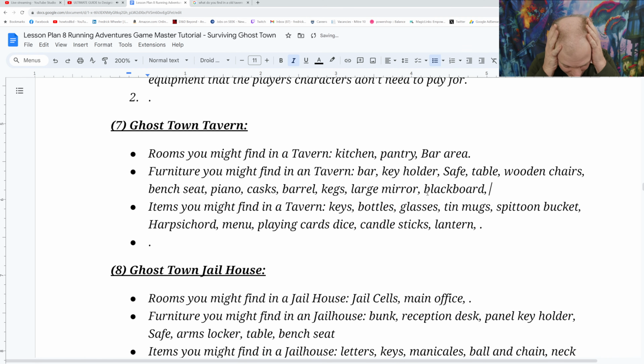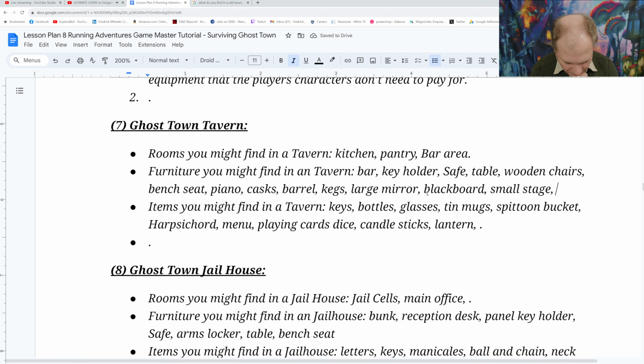Most of these places have blackboards, even now, unless you're high end. A small stage that doubles as a town theatre. Yeah, let's put small stage.